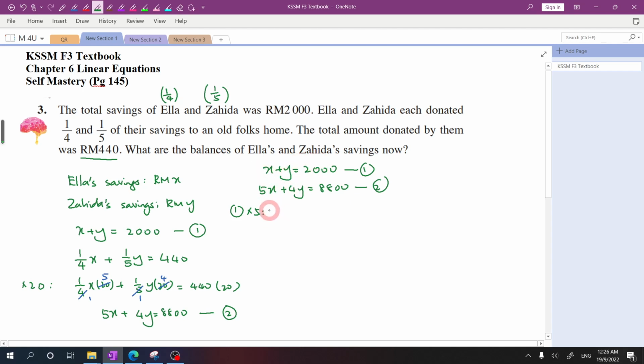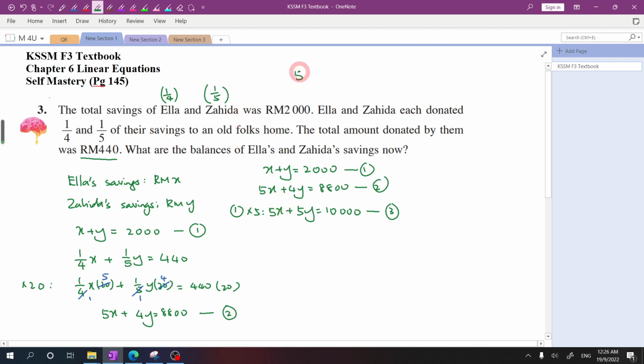So here will become 5x, here will become 5y, this will become 10,000. Okay, let this one be the third equation. Now you will notice that here is 5x, here also 5x, so we can eliminate the 5x easily.